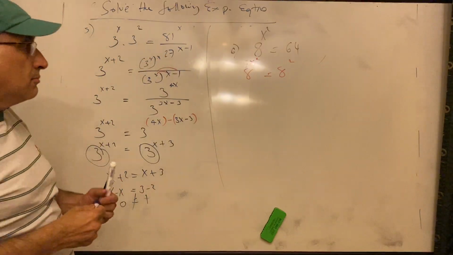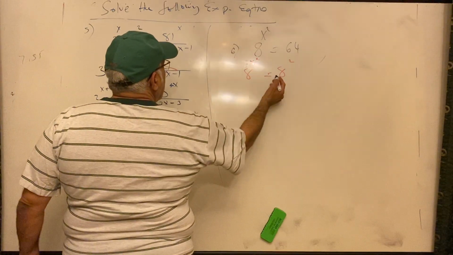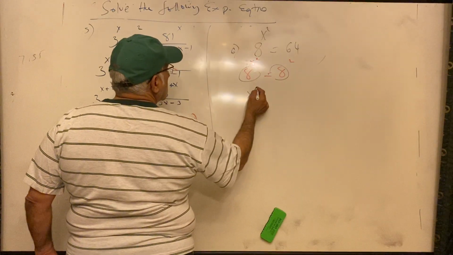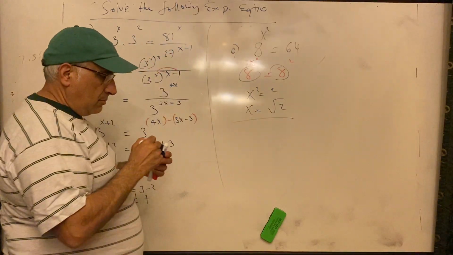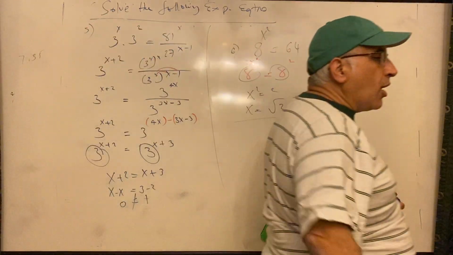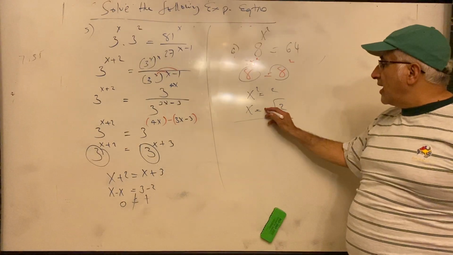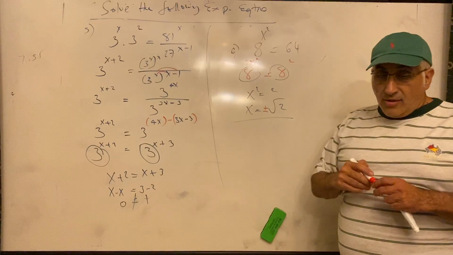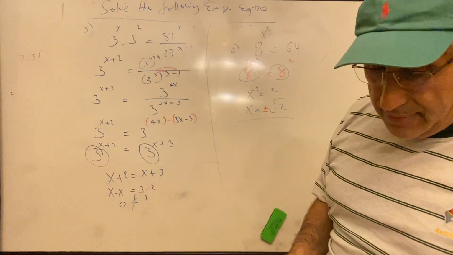So stupid. But you didn't think about it, right? The bases are the same. x squared equals 2. x equals square root of 2. Am I right? No. Because you forgot that when it's a quadratic, you have 2 roots. It's got to be one plus, one minus. You're going to keep forgetting this until you are a nice guy.